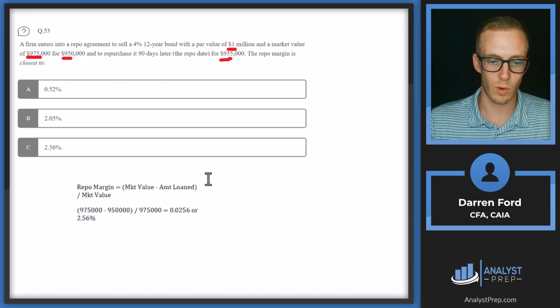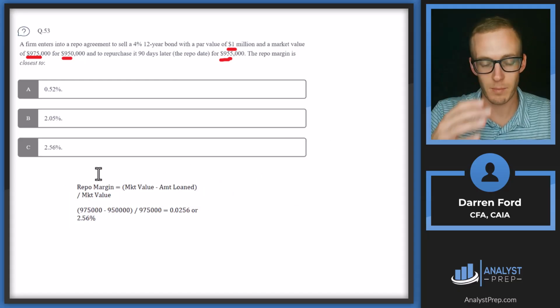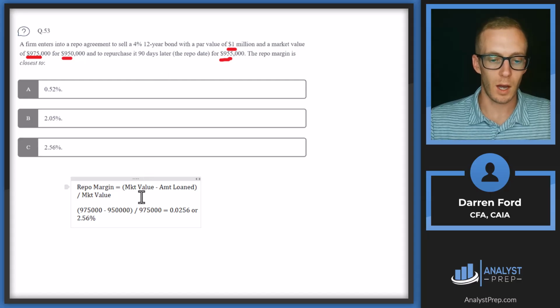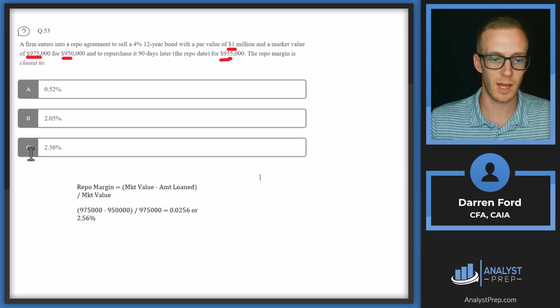So our repo margin, or haircut, is going to be the market value, 975, minus the amount loaned, which is 950, and then divide that by the market value. That's going to be our margin, which would be 0.0256 or 2.56%, which lines up with answer C.